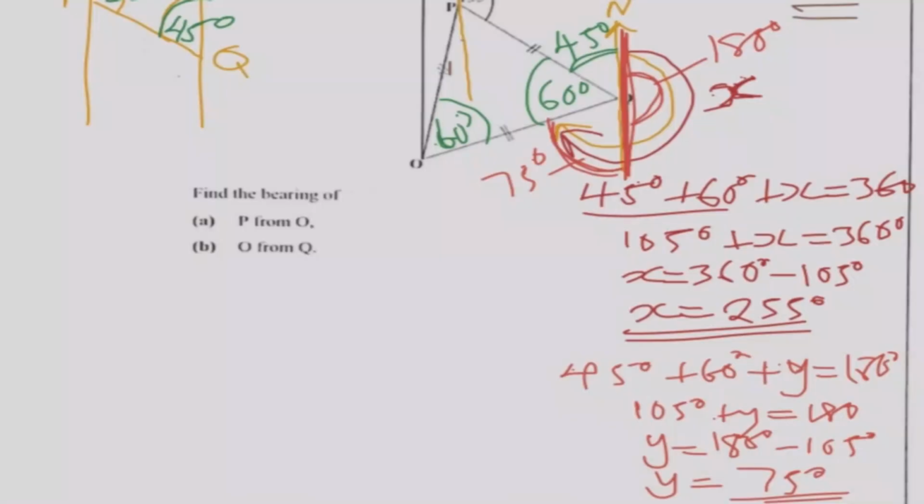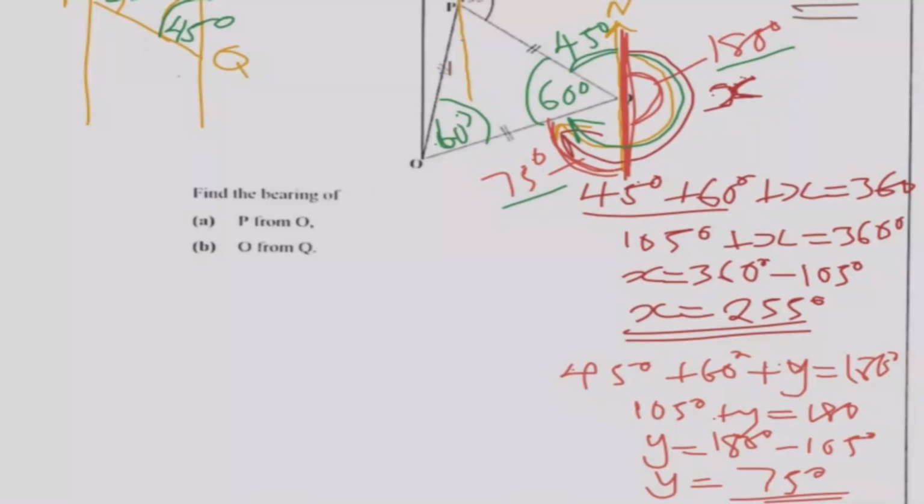So we have the bearing that is in question, that is the bearing of O from Q. So this is the entire bearing from O to Q. It is subdivided into two angles. One is 180 degrees, the other one is 75 degrees.